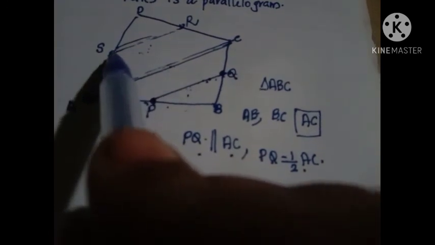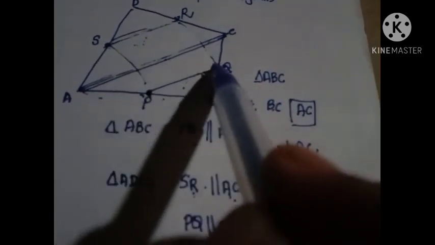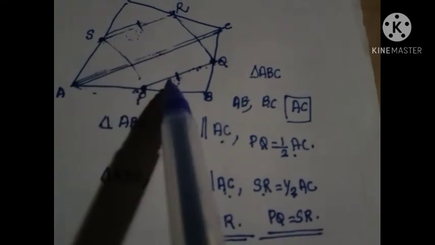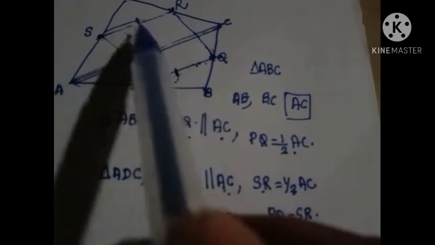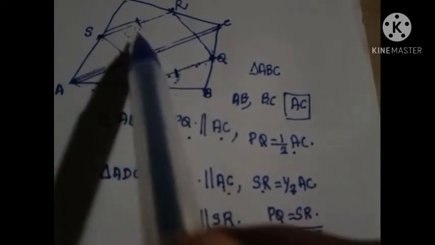Listen, if we join PS and QR, we get a quadrilateral PQRS. In this quadrilateral PQRS, the PQ side and SR side, these two sides are equal and parallel. So, in any quadrilateral, if one pair of opposite sides are equal and parallel, it implies the quadrilateral is a parallelogram.